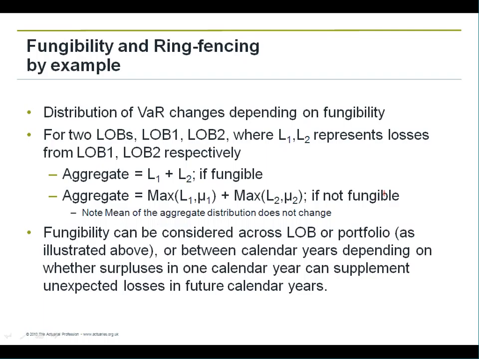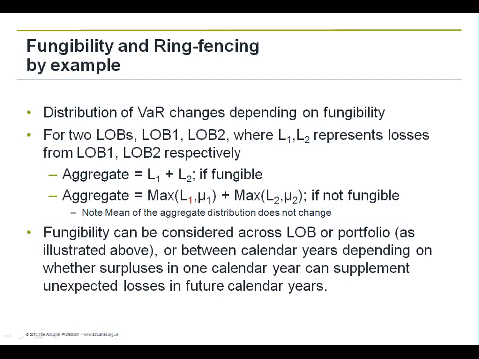All you're really doing, when you calculate the VaR of the aggregate in the context of non-fungibility, is calculating the VaR of the aggregate of the maximum of L1, the distribution of the losses in LOB1, and its mean, and the maximum of the loss distribution for line of business 2 and its mean.